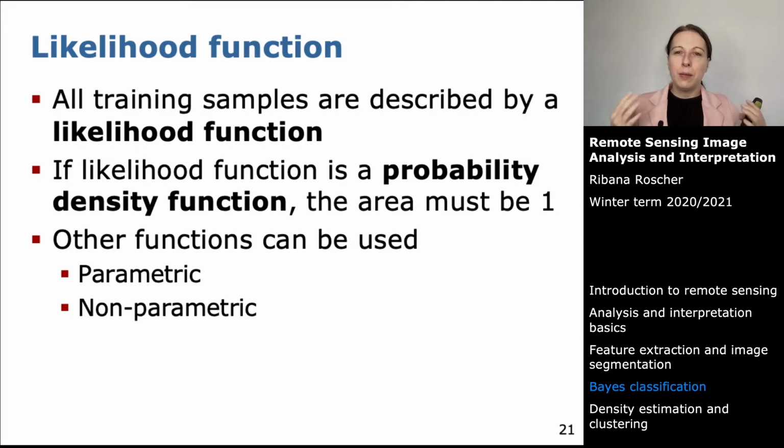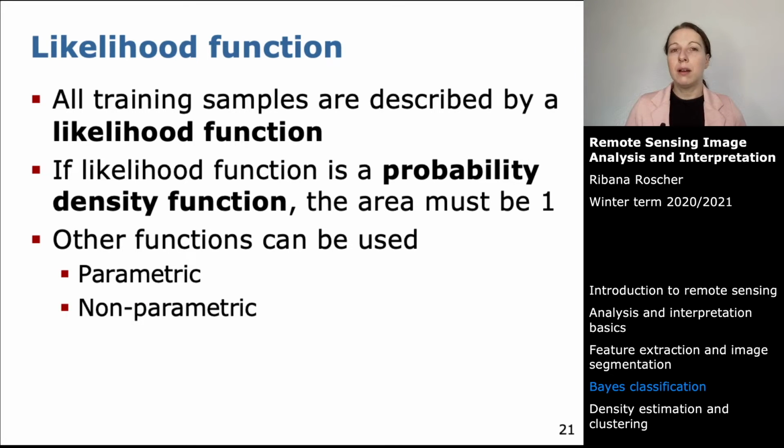So what we saw now is how we can get this likelihood function. And so all training samples are described by a class-specific likelihood function. And if the likelihood function is a probability density function, the area must be 1. This is nothing you need to do, but you could do it, and then you would have a probability density function. But do not forget, from a likelihood function, you cannot derive probabilities.